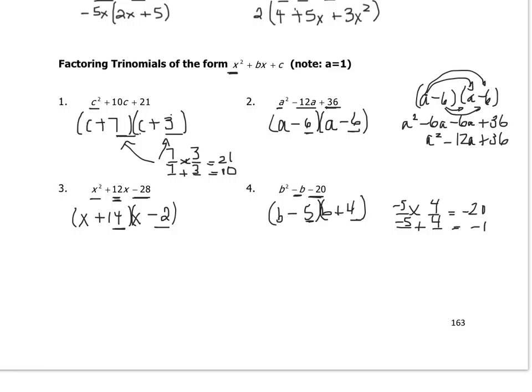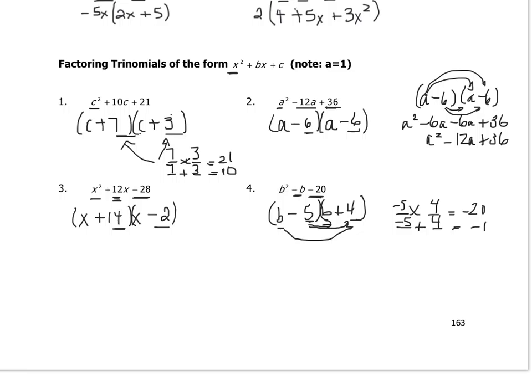And again, you can do a quick check of multiplication to make sure that you got the right answer. B times b would give you b squared, and then you'd have plus 4b minus 5b, which added together give you negative 1b, and then you've got the negative 5 times the positive 4, which will give you the negative 20, so that you will get what you started with back.